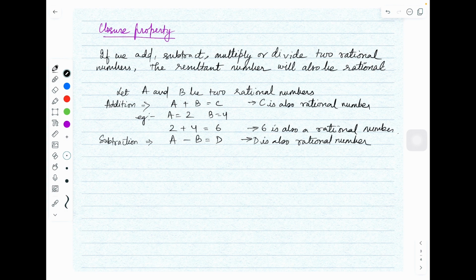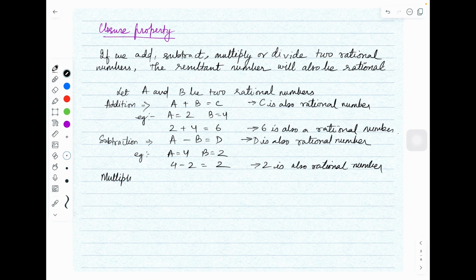Example, a equals 4, b equals 2. So 4 minus 2 equals 2. So 2 is also a rational number. Understood? If you add two rational numbers, the resultant number is a rational number. If you subtract two rational numbers, the resultant number is also a rational number.